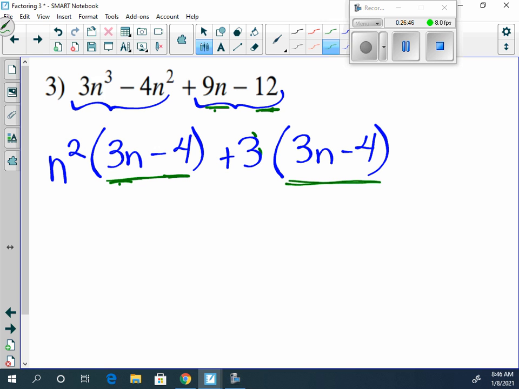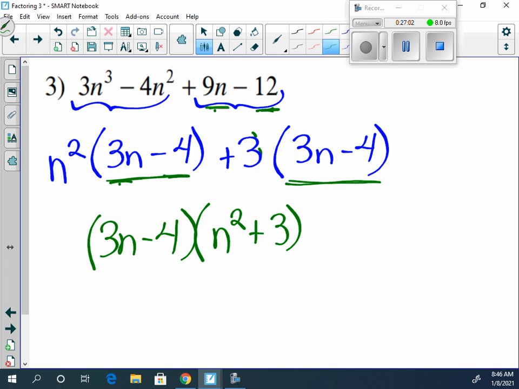Okay. So now we have it set up so that there is a set of parentheses that's in common with both. And so we can factor this out. So we can factor out 3n minus 4. And when we do that, what's left over? n squared plus 3.